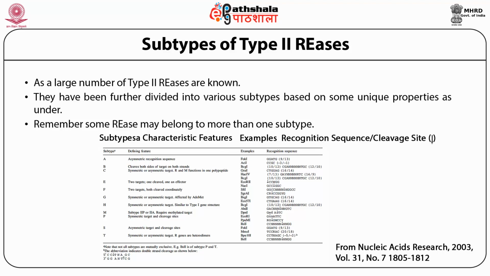Subtype F recognizes two targets, and both targets are cleaved coordinately. Type 2G also recognizes symmetric or asymmetric targets, but its activity is affected by the presence of AdoMet. Type 2H recognizes symmetric or asymmetric targets, and its overall subunit structure is similar to type 1.